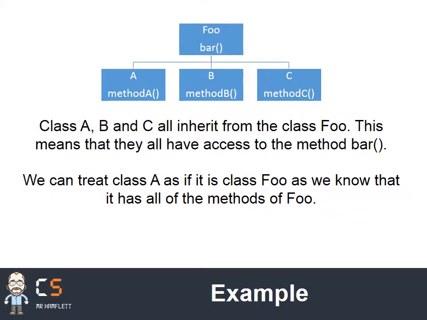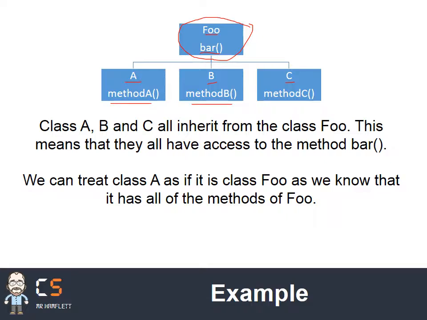Let's see an example. So here I've got a simple inheritance structure. Class foo is my parent class, and I've got three classes, A, B, and C, which all inherit from class foo. This means that they all have access to the method bar. Okay, so class A has bar, class B has bar, class C has bar.